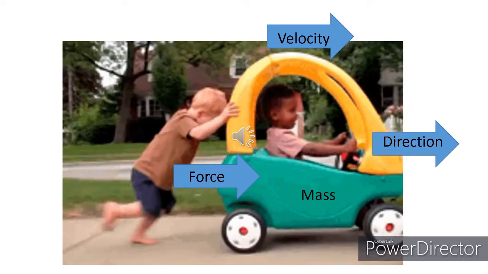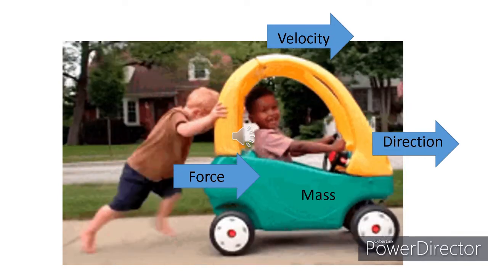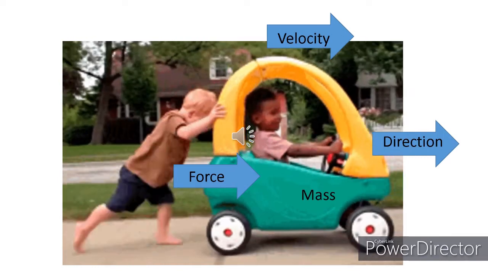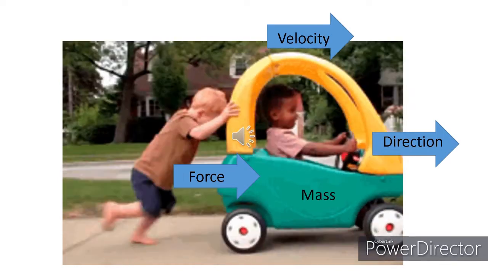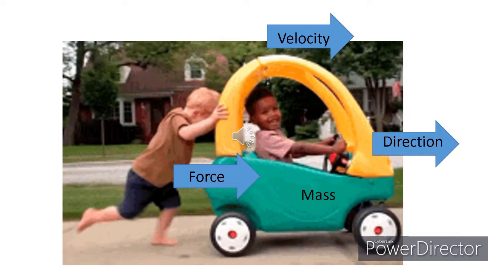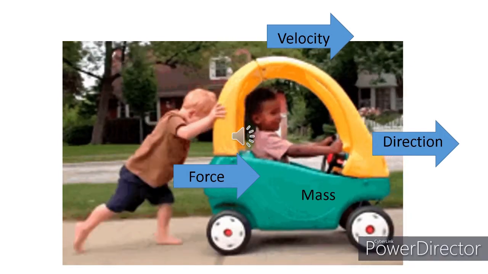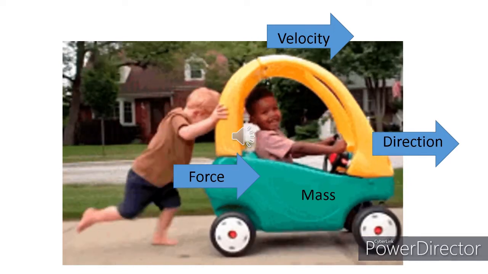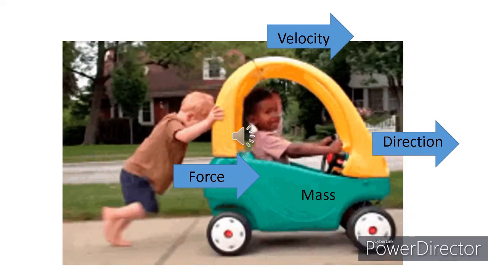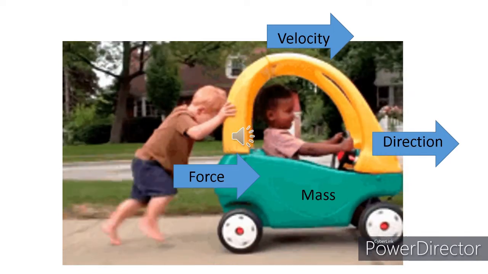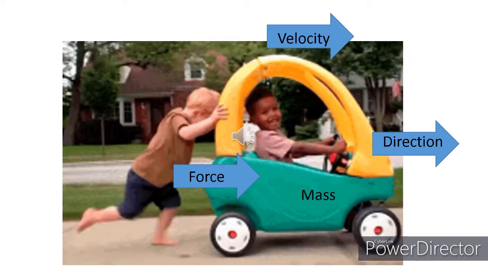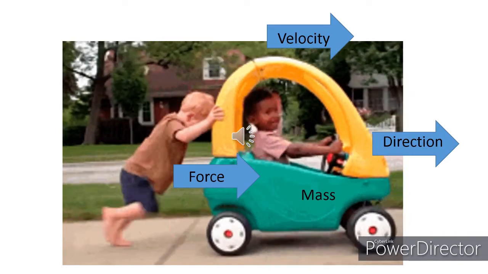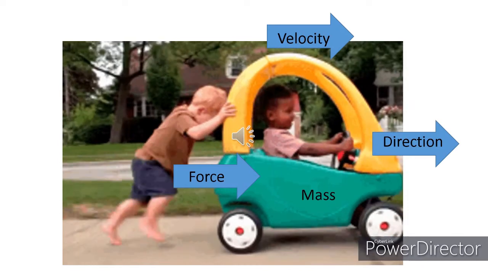So yung bata, okay, yung nagpupush ng cart, he is exerting force. And kung saan yung direction ng force niya, doon din yung direction ng velocity. Di ba? Kung going eastward yung direction ng force, going eastward din yung velocity.